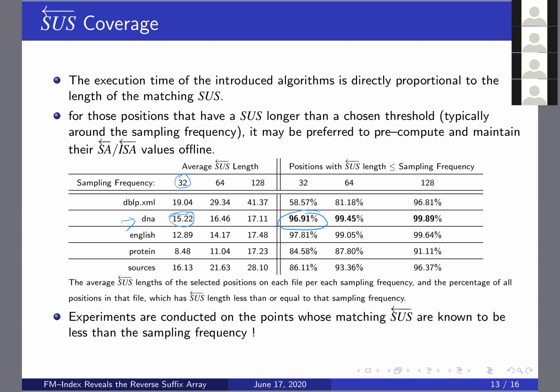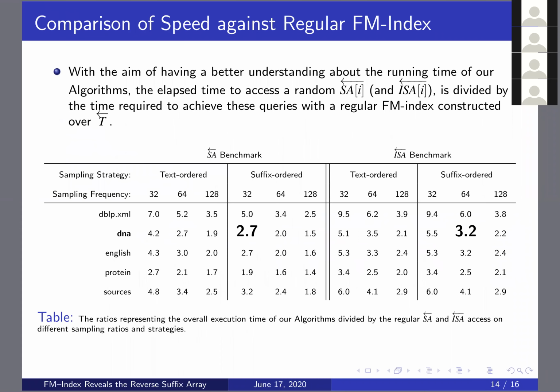So in the experiments, among these positions, we did one basic benchmark. We created an FM index on the reverse text separately, again with sampling ratios of 32, 64, and 128, so we are able to extract these suffix array values with some time.